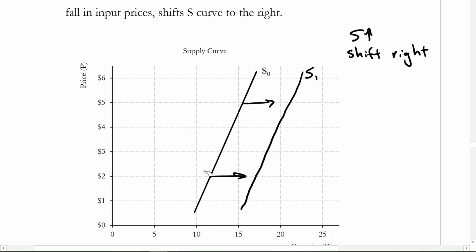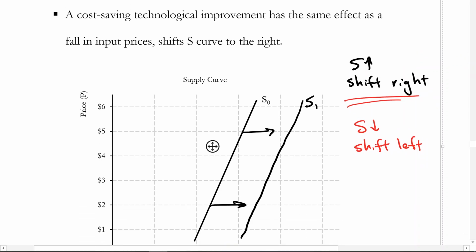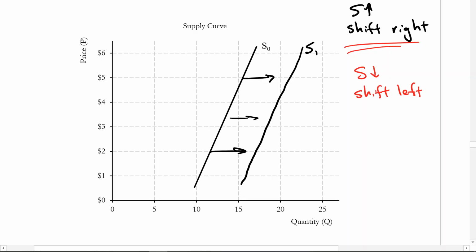So these increases shift to the right, decreases in supply shift to the left. That's kind of the best way to think about it, in my opinion. Okay, so that's technology and input prices, same thing. Anything that makes it easier to do business, you increase that supply.